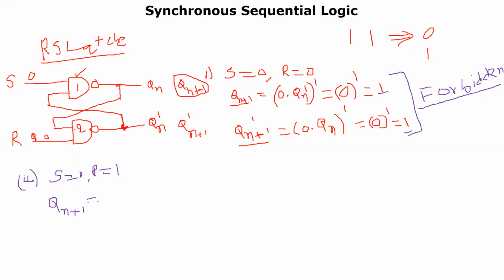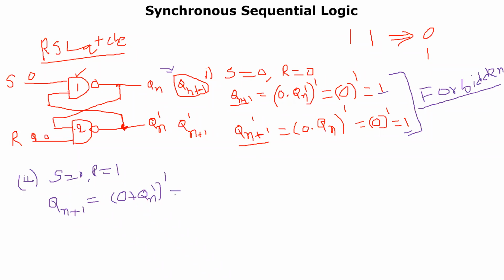So Qn plus 1 is the area where exactly you need to find. Qn value is just Qn. We'd like to identify the next state value. At this place, one input is 0, and the second input is Qn complement whole complement.